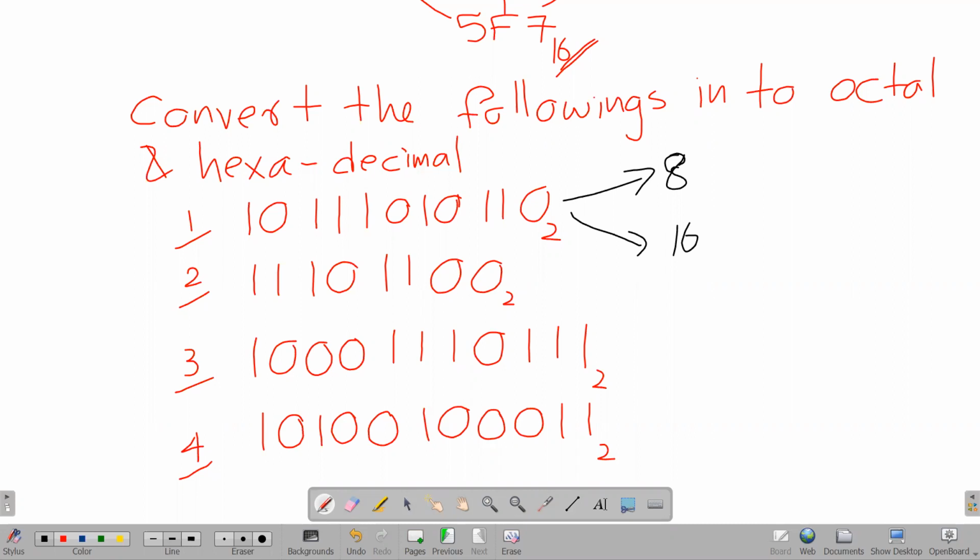Go through it and see. Fourth one is correct. Mihini, third one. Hold on. Yeah, that is correct. Kitmi, third one is correct. Yes, Kitmi, fourth one is correct as well.